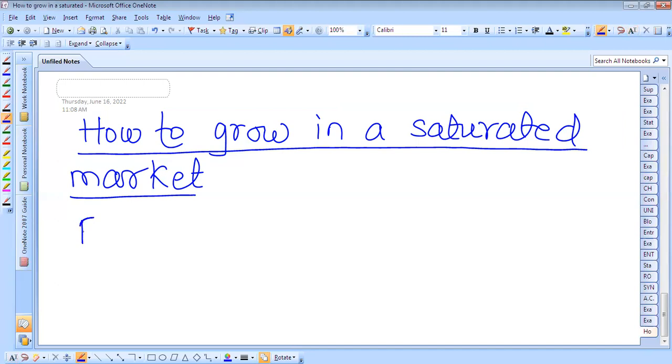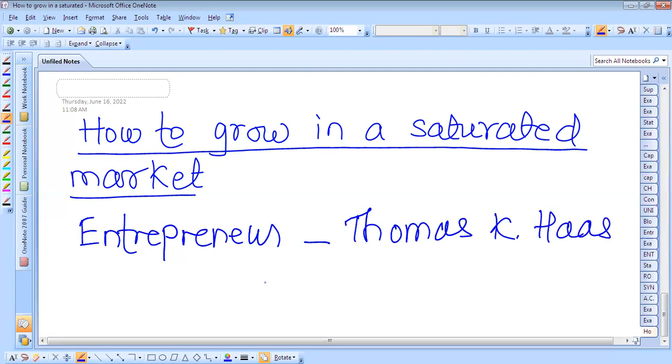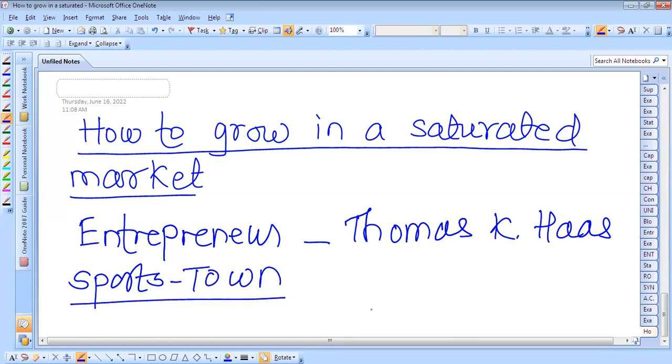So one example is entrepreneur Thomas K. Haas. He established Sports Town Incorporated. Sports Town Incorporated is the brainchild of the entrepreneur Thomas K. Haas.